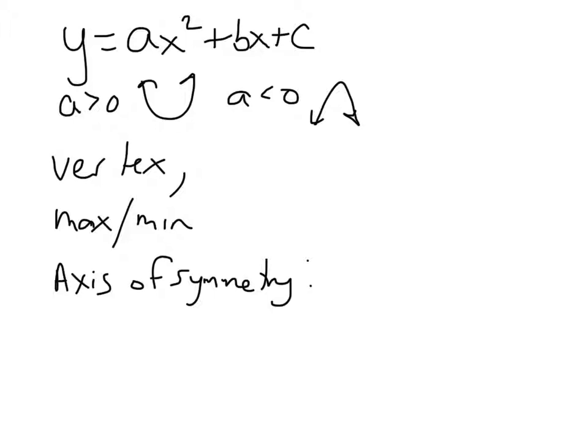The axis of symmetry of any parabola, meaning this line that shoots down the middle, is always the vertical line, at least in y equals equations, x equals negative b divided by 2a.